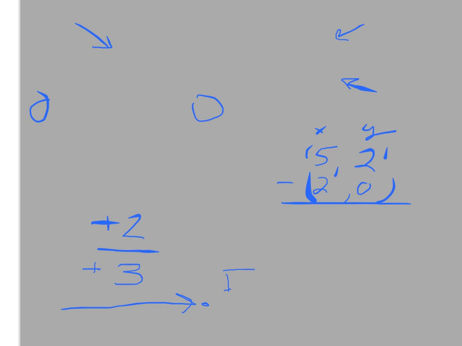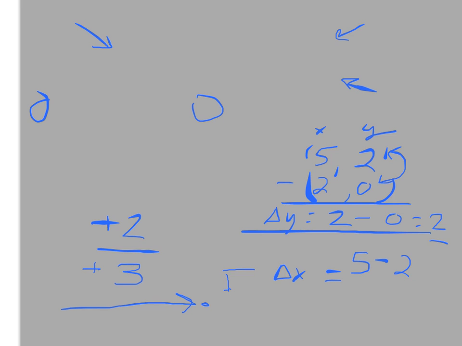So my change in y is equal to 2 minus 0. Here are my y's over my change in x is equal to 5 minus 2. So 2 minus 0 is 2 over 5 minus 2 is 3. So I've calculated my slope, and of course they're the same because it's the same line.